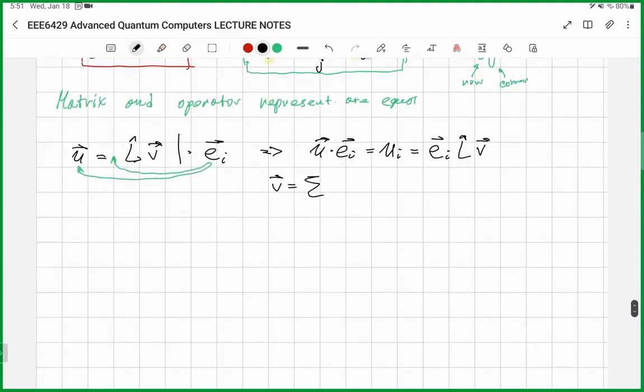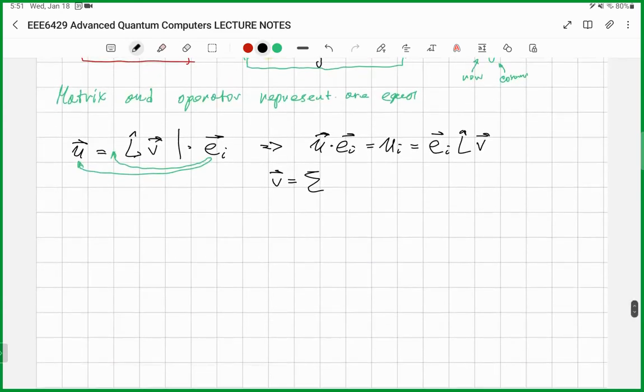So I write V is the sum of components V sub J times E sub J, with the sum over J. And I plug in this formula here.